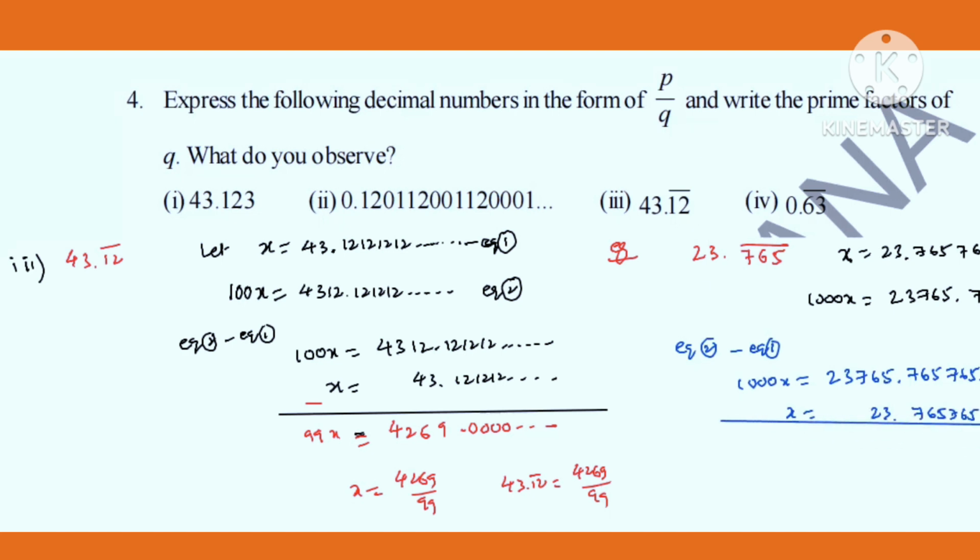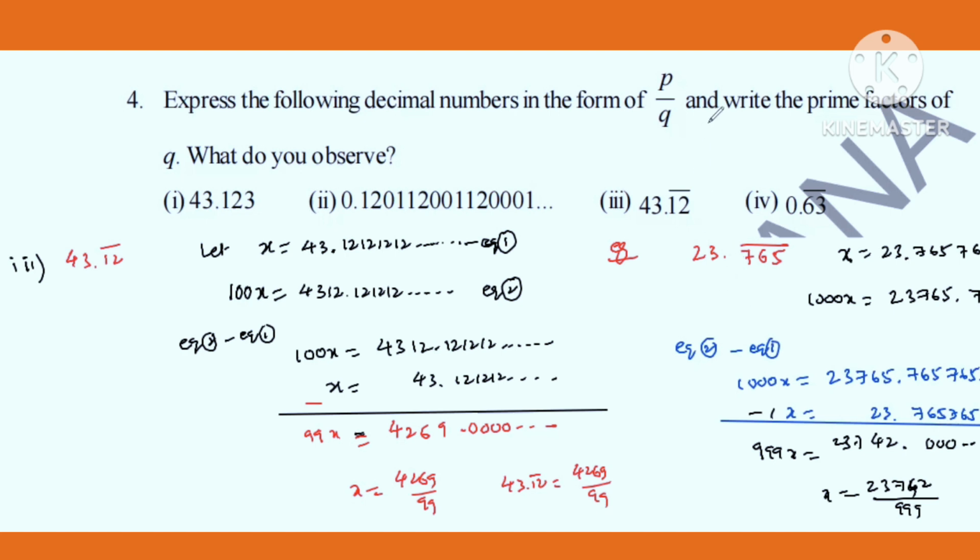We get 999x, 1000x minus 1x, equal to, and after the decimal point we get all zeros. Here 5 minus 3 is 2, 6 minus 2 is 4, 7 minus 3 is 4... so we get x equal to 23742 by 999.